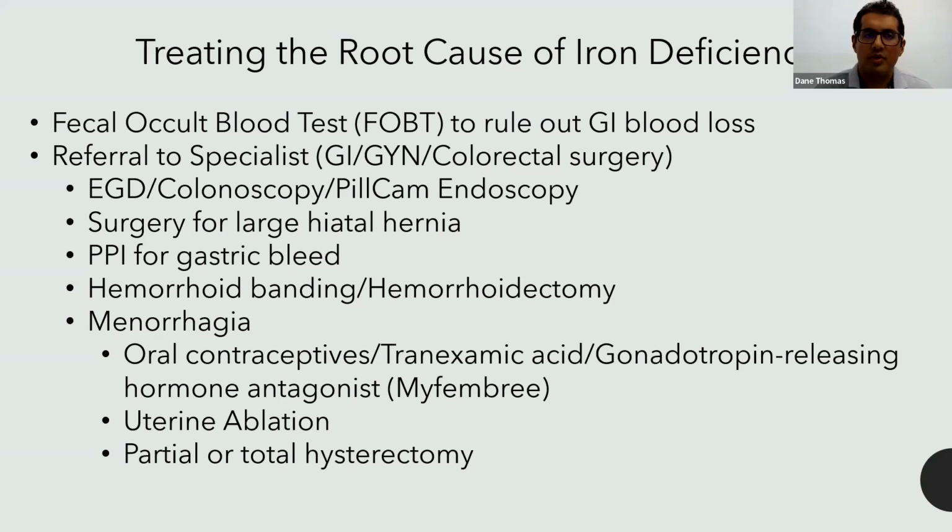And that could include your GI colleagues, your gynecologists, and your colorectal surgeons, because they can perform further evaluation, which can include EGD, colonoscopy, and capsule endoscopy, can surgically treat a large hiatal hernia, can prescribe PPIs for gastric bleeding if it is found, hemorrhoid banding or hemorrhoidectomy for bleeding hemorrhoids, and menorrhagia can be treated in multiple different ways, which include oral contraceptives, tranexamic acid, or gonadotropin releasing hormone antagonists, one example of which is Myfembree, uterine ablation, and partial or total hysterectomy.